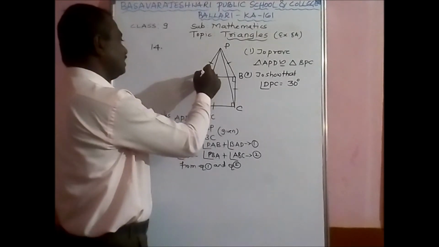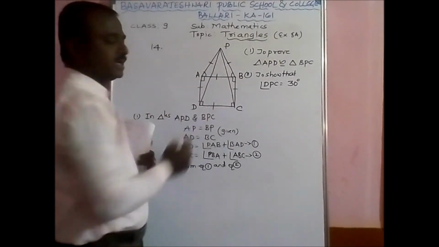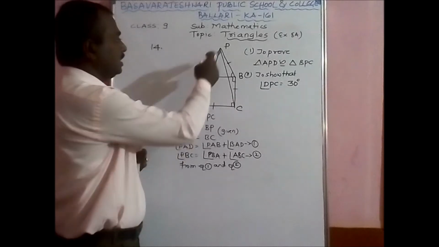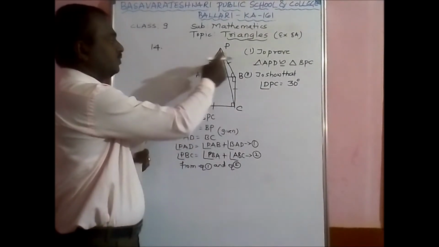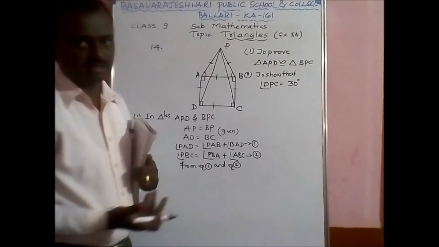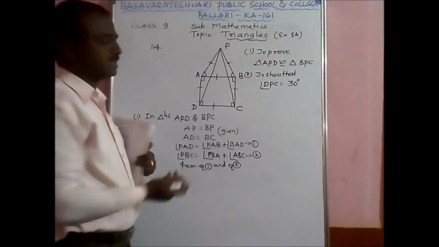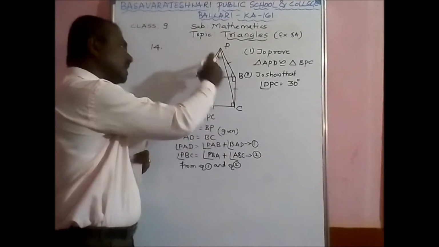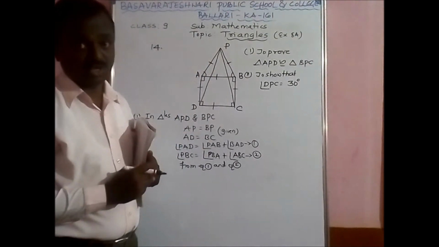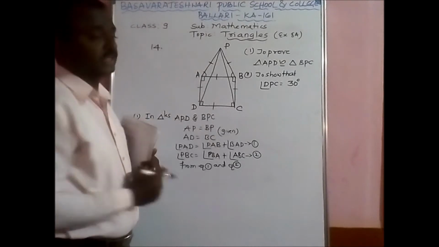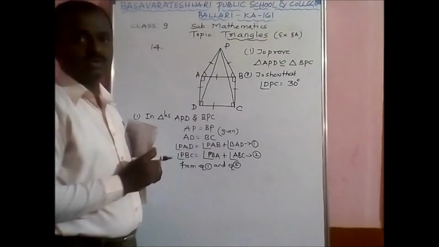Why are they equal? Because it is an equilateral triangle, isn't it? If two sides are equal, definitely you can consider it an isosceles triangle also. Here, in an equilateral triangle, all the angles will be equal to 60 degrees. Therefore, these two angles are equal.